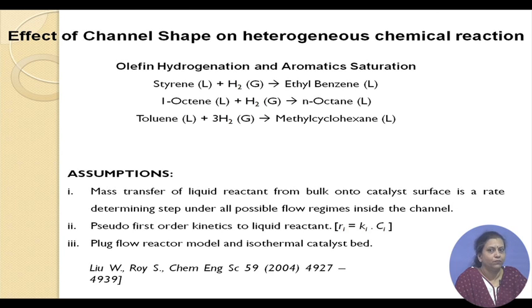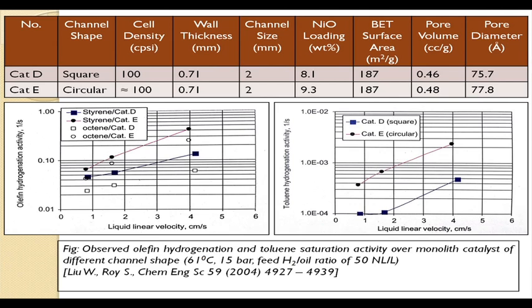The other was the shape of the channel, because in monolith reactors it is easier to make square or rectangular channels, so that was being preferred. So, they tried to see the influence of conduit shape on conversion, and this is the result which they have observed.